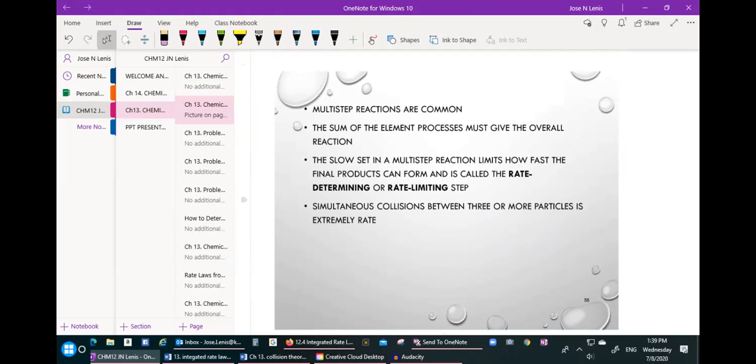Some of these steps can be slow, others can be fast, depending on the nature of the reactants, depending on the type of chemical bond, depending on the activation energy involved, depending on the conditions you are giving to the reaction. Some steps can go faster than others. Some steps can go slow.